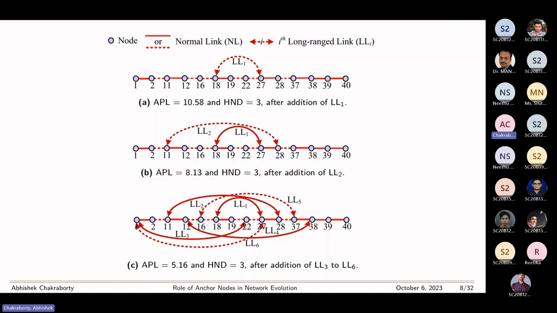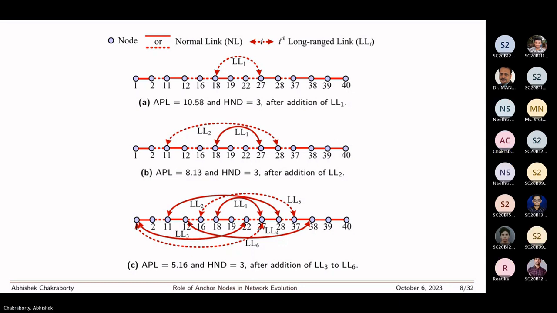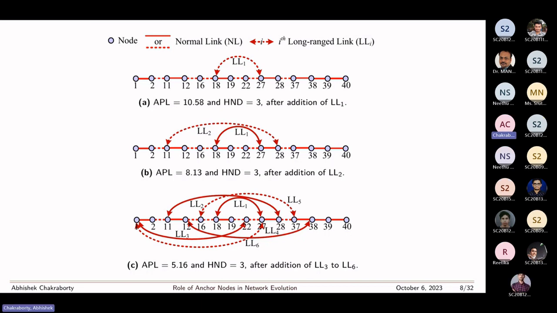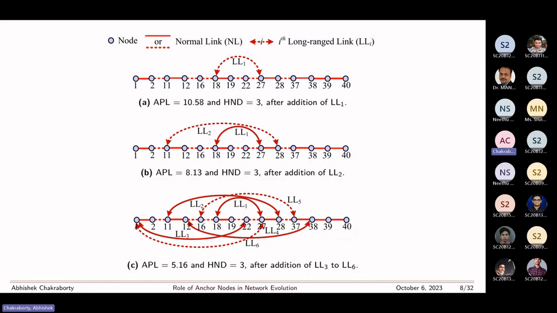Here we are showing a simple 40 node ring topology where we have added 6 long links based on pure random decision. There we can see APL, as already discussed, and HND, the highest neighbor degree. Even if the number of links being added increases, the highest neighbor degree is not going beyond 3, or if you add more and more, it will grow very slowly.